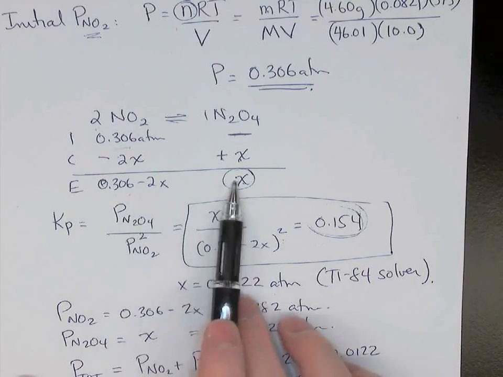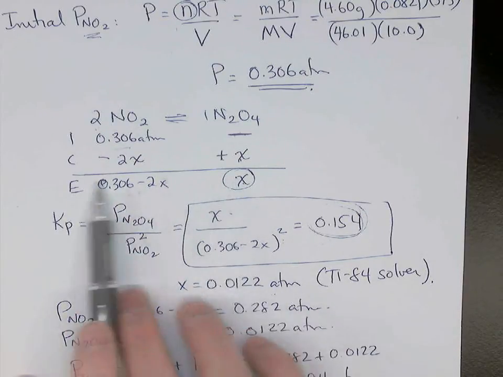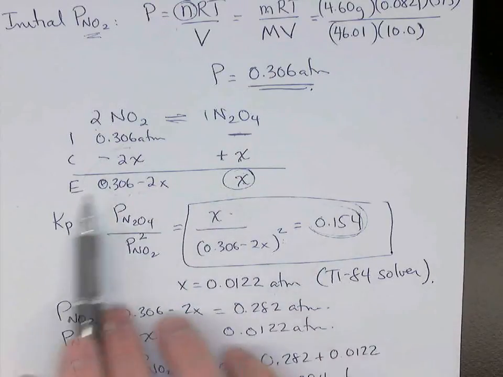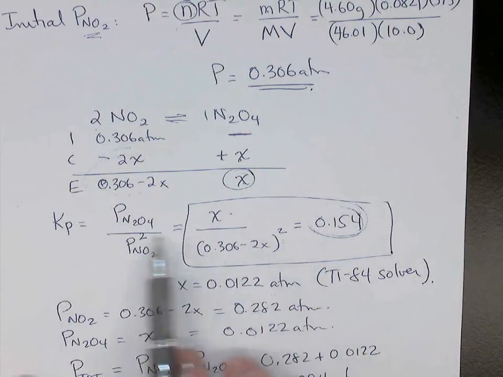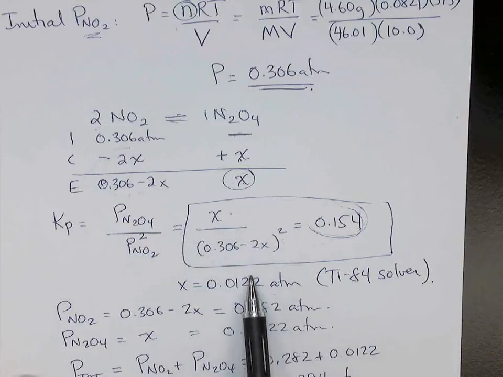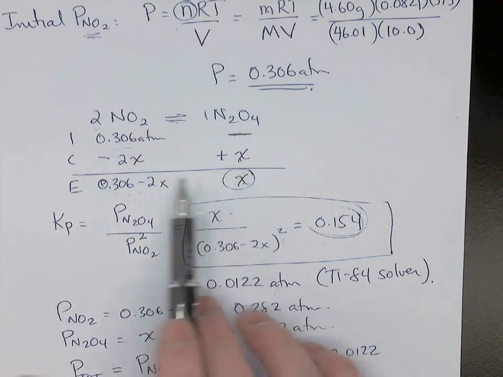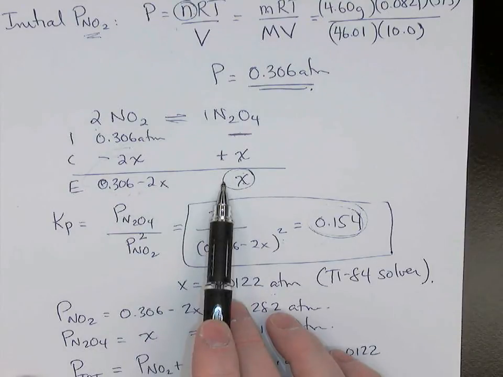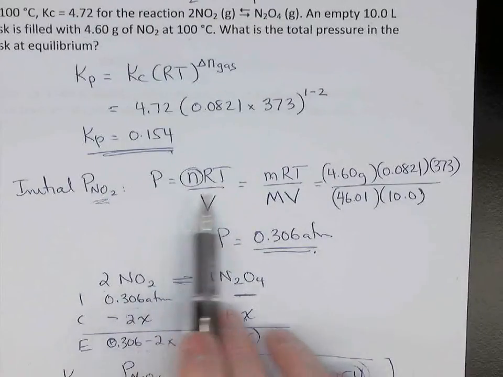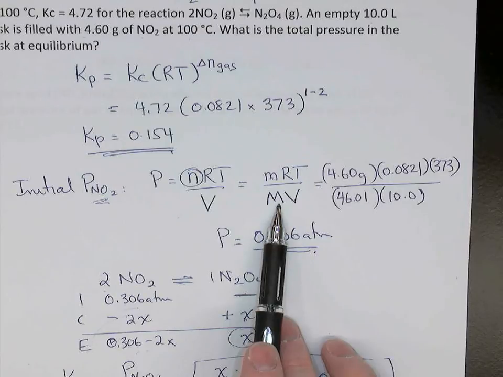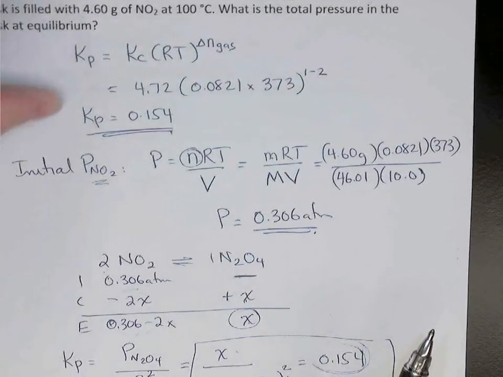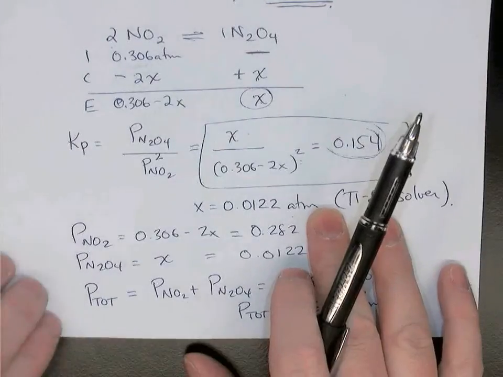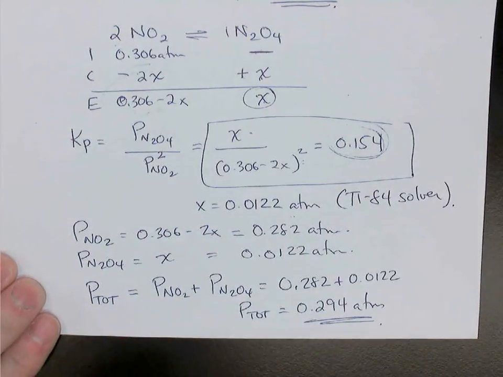We would have done this with algebra. We'd have to set up an equation like this and solve it with the Kc value and the graphing calculator solver. We'd now know the concentrations at equilibrium. Those would have to be converted to pressures using the ideal gas law and then Dalton's law to get the total pressure. So it's really the same amount of work ultimately, just done in a slightly different order.